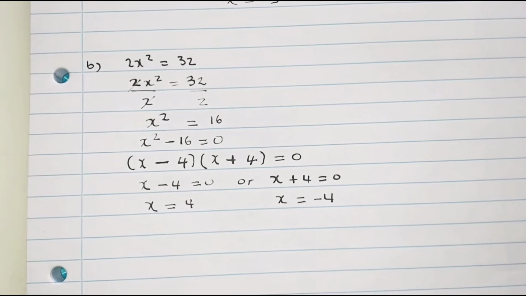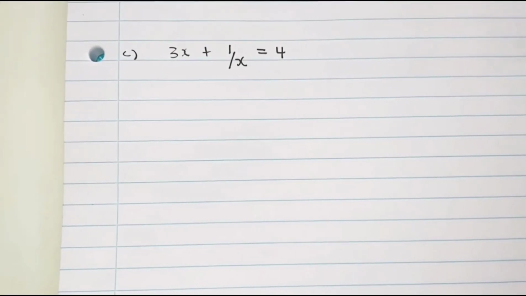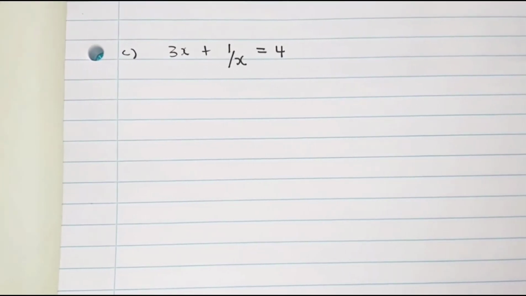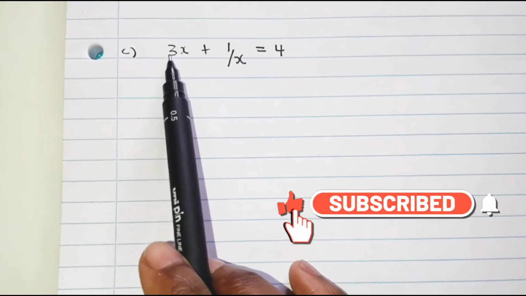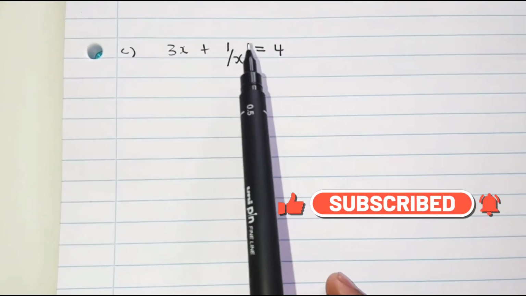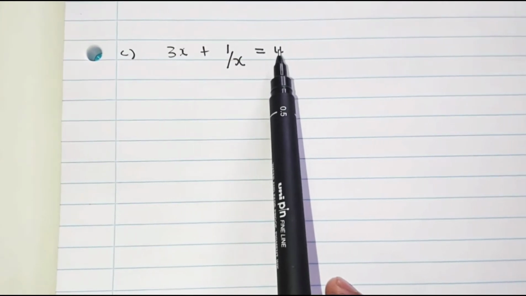So we're going to move to the next. Now moving to C, our C says 3x plus 1 over x is equal to 4.